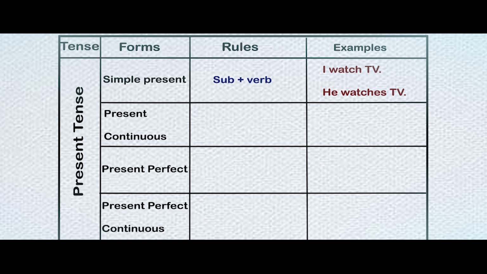Now in the second, present continuous tense, the rule we have to keep in our mind is subject plus is, am, are plus ing form of verb. And you can see the example, she is watching TV.